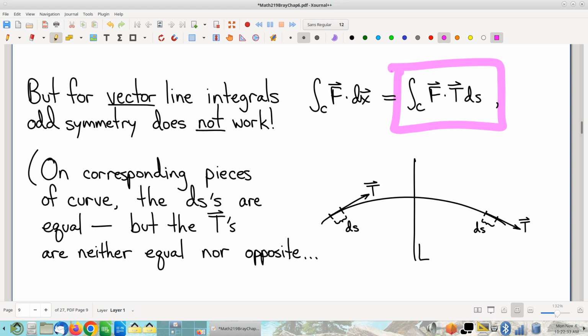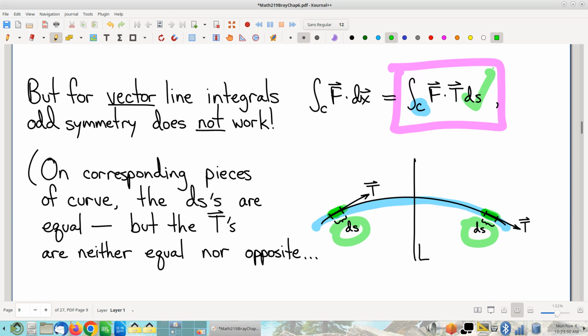And so now we imagine our scenario where we've got some domain, some curve, and I'm drawing my attempt to draw a nice symmetric curve, symmetric over that line, and I chop it up into a bunch of little pieces as usual, and you could imagine this little piece right there of size ds and this little piece right there of size ds, right? Same ds, exactly the same, just as it's supposed to be.